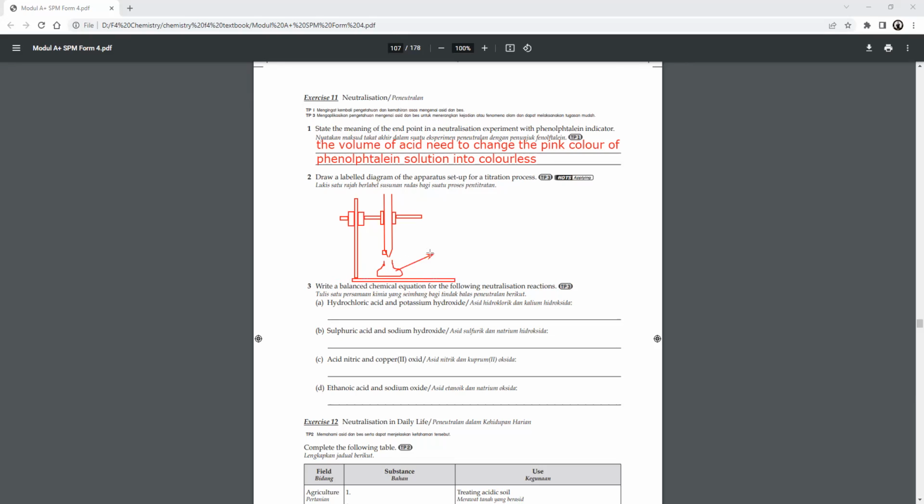Now, what is this? This is the conical flask. This is the acid solution.